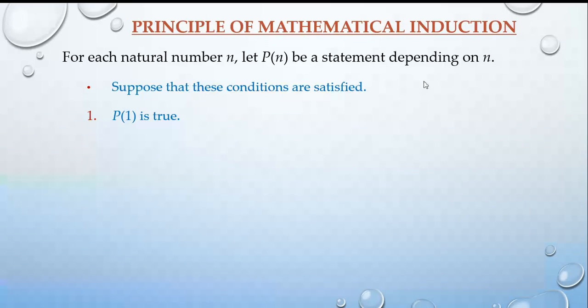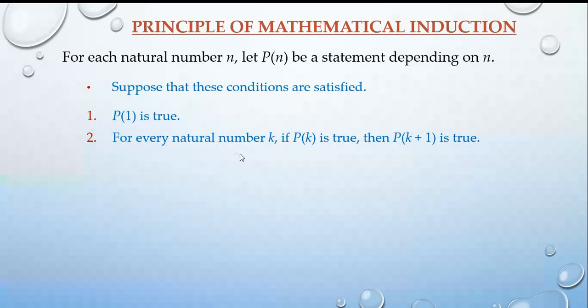Means any statement is given in the form of n, and we have to check whether for n equal to 1 it is true or not. So the first step is we have to show that P1 is true. After that, for every natural number k, if Pk is true, then Pk plus 1 is true. Then we say that Pn is true for all natural numbers n. So this is the method of mathematical induction.